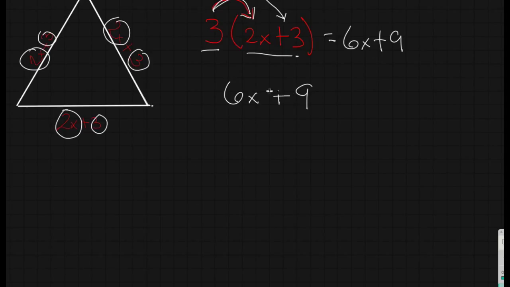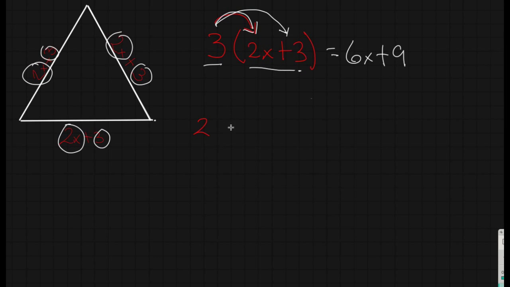Actually, I'll erase this one here. Now, if you're ever confused by this, just take the time to write it out. You could write it out: 2x plus 3 plus 2x plus 3 plus 2x plus 3. Those are the 3 sides. That's one side, another side, another side.